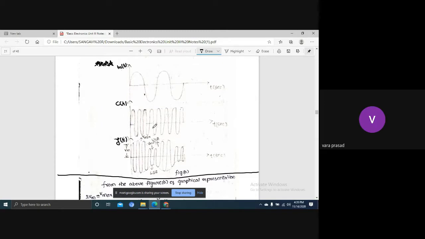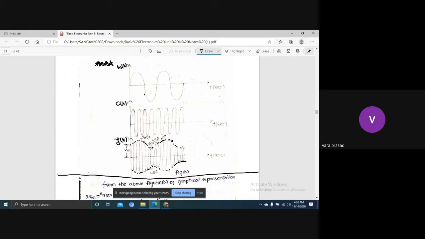If you observe, the modulated signal follows the carrier signal, which is a high frequency signal. This is the lower sideband and this is the upper sideband.